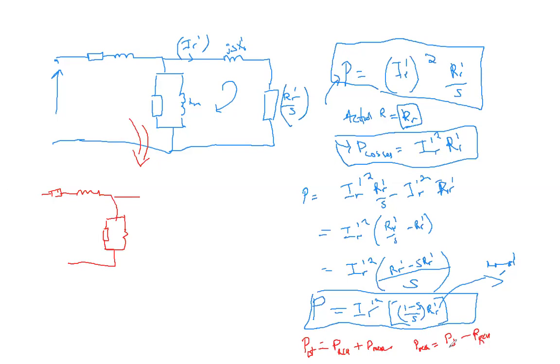That means I must have two quantities now, here and here, that are using my power. I have this one, which is the rotor resistance, that's the rotor copper loss, and I have this one, which is my load.